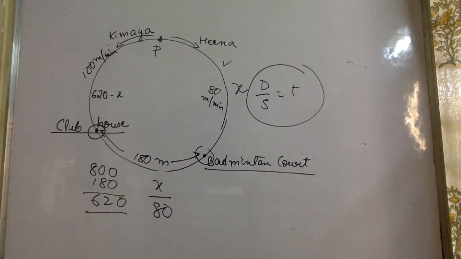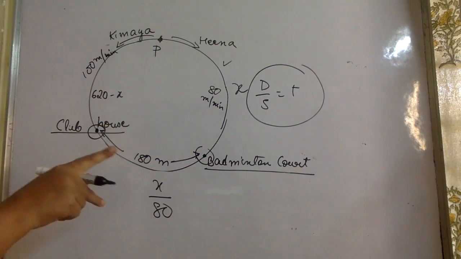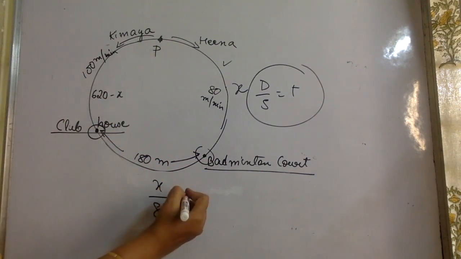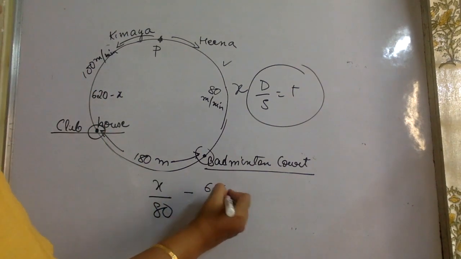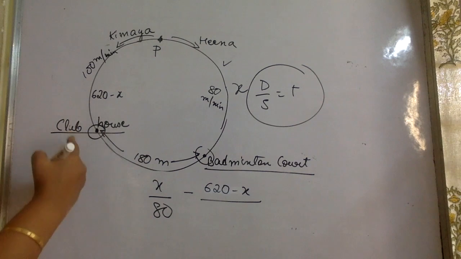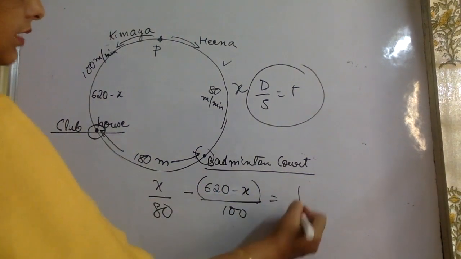Why x by 80? Because that is the time Hina took to reach the badminton court, and it is one more than what Kimaya took. So minus Kimaya's time, 620 minus x by 100, equal to 1.